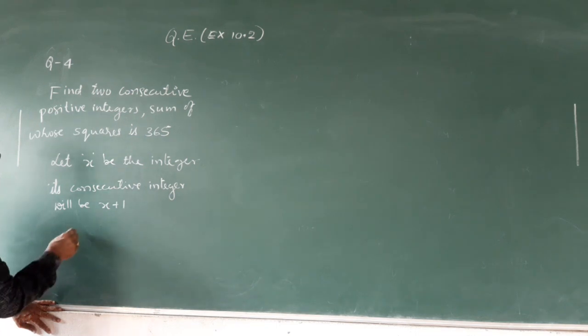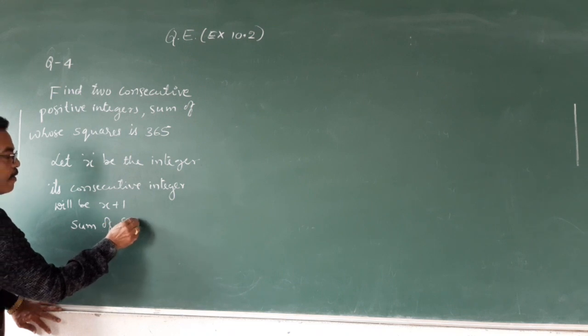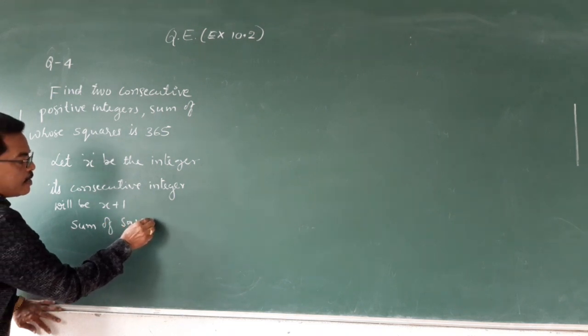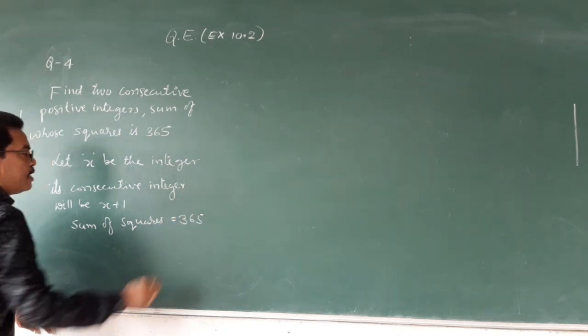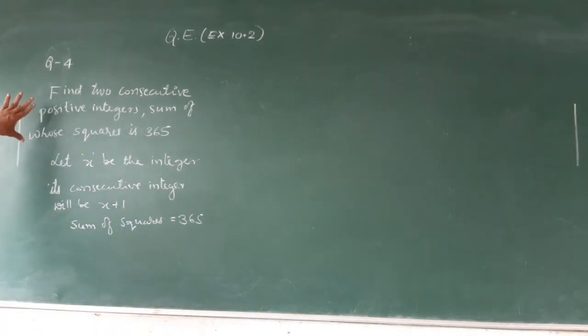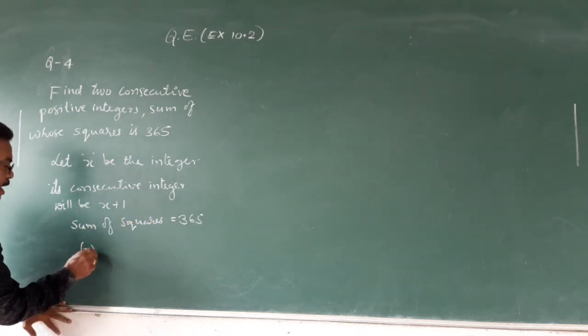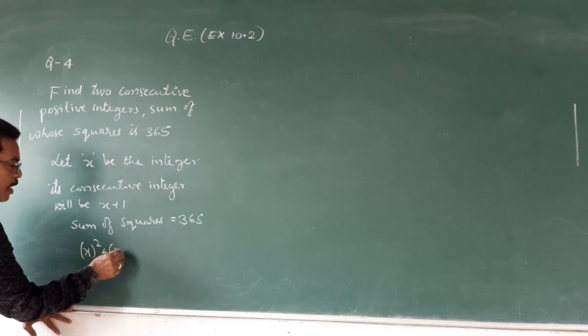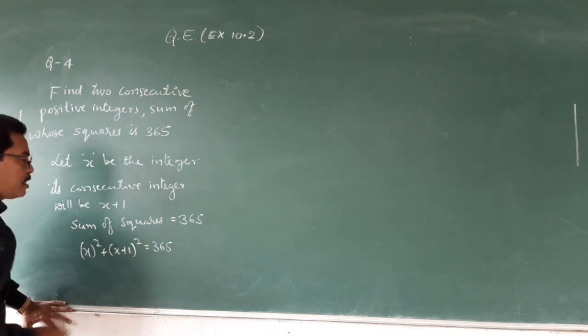Then the sum of their squares equals 365. See, this one is the verbal statement. The question is in verbal format, so we have to convert it into mathematical format. Sum of the squares, that is x whole square plus x plus 1 whole square equals 365.